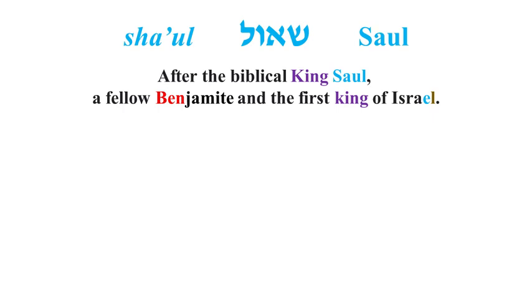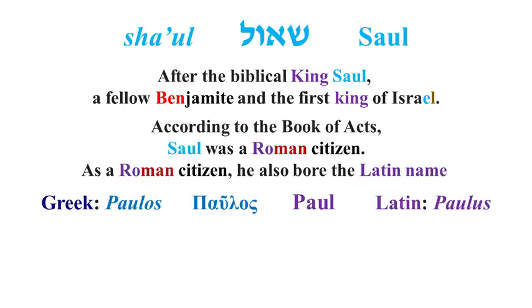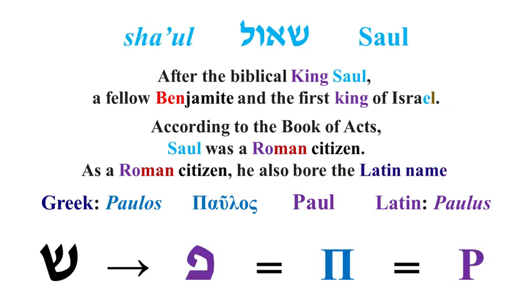But according to the book of Acts, Saul is a Roman citizen. And as a Roman citizen, he would also have a Latin name. The New Testament calls him Paulos. That's the Greek. In English we call him Paul. In Latin, it's Paulus. But it's interesting, he was Shaul in the Hebrew.